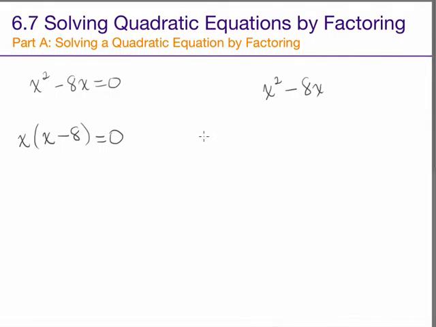Now, remember that just because it doesn't have a plus or minus following it, doesn't mean that x isn't a factor in its own right. This is a factor, and this is a factor. Things that are multiplied together are factors. So if each factor gets set equal to 0, I have my solutions.